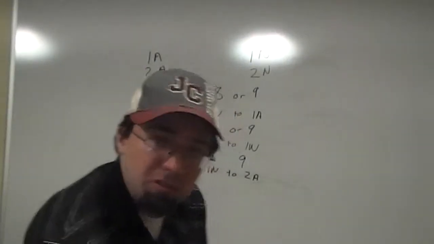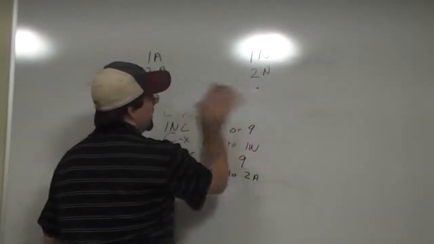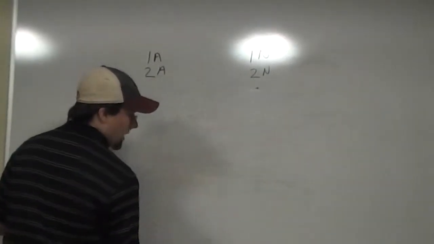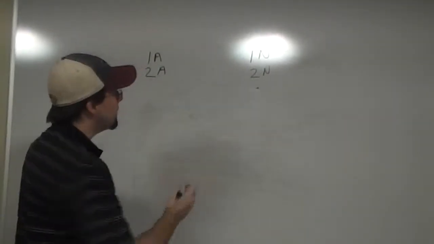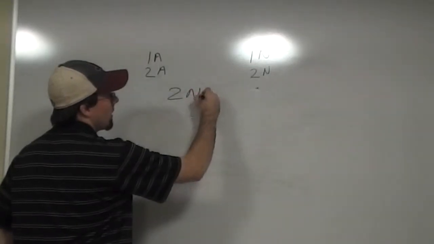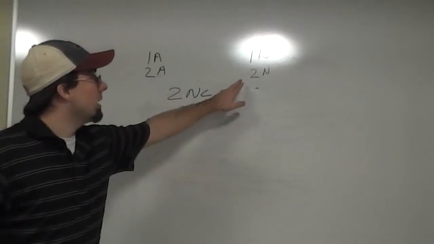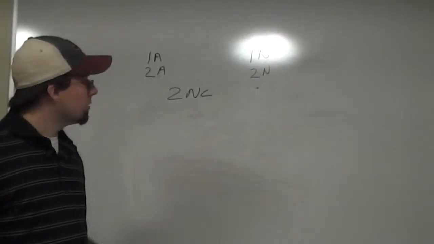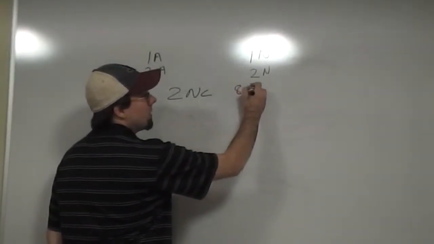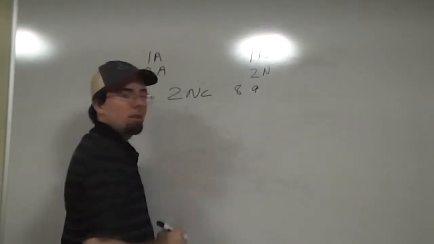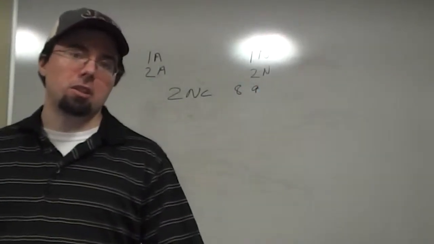I'm going to erase this order real quick because we're going to start fresh up here. So the 2NC is the next speech. That's the first speech given by the second negative constructive. This is 8 or 9 minutes long, 8 minutes in high school, 9 minutes in college.